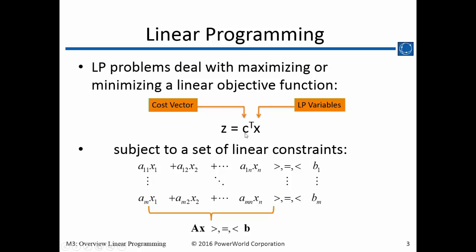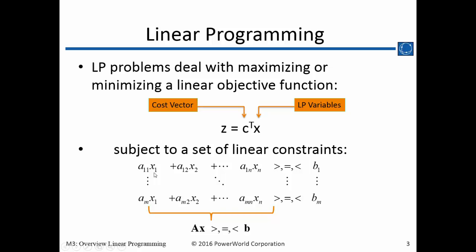So this is a vertical vector, and this is a horizontal one, and then the result is just a scalar. And then the constraints are shown also as a function of the controls, and they can be equality or inequality constraints.